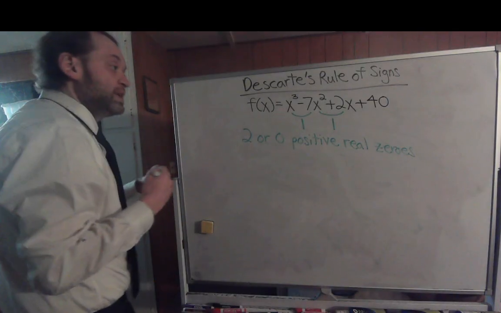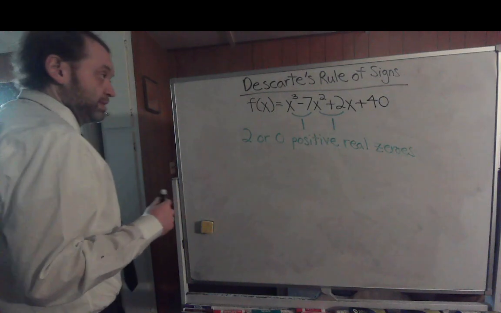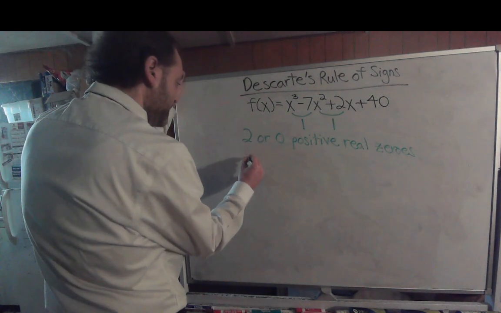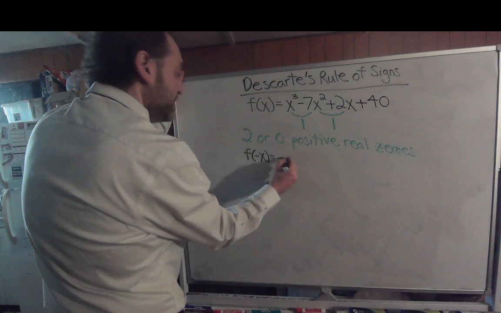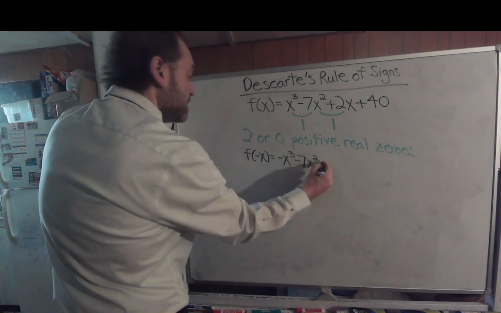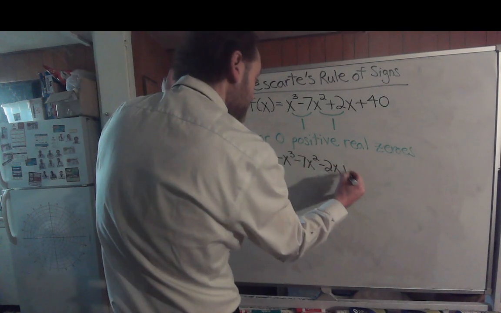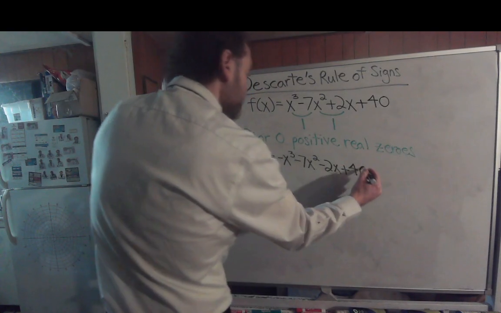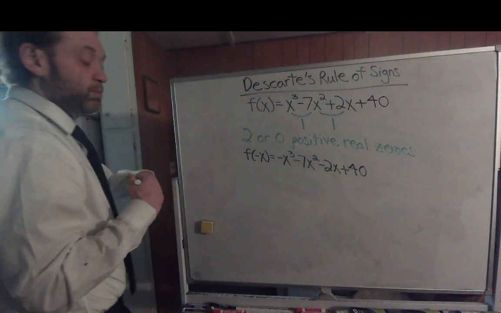Alright, now we need to figure out negative real zeros. How many of those there could potentially be? So put in f of negative x. That would end up giving you negative x to the third minus 7x squared minus 2x plus 40. And literally we see only one sign change.